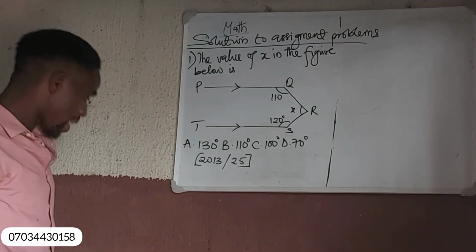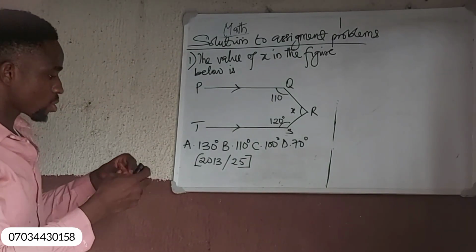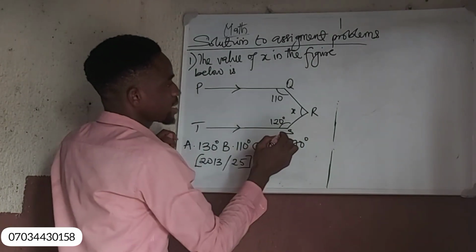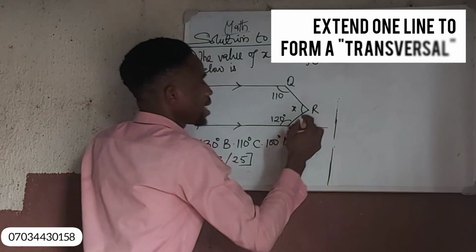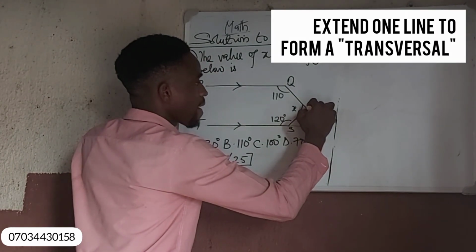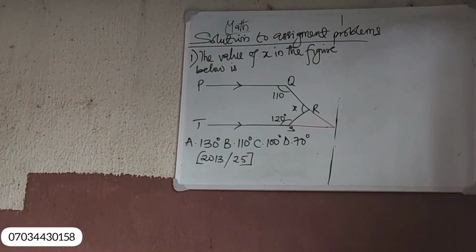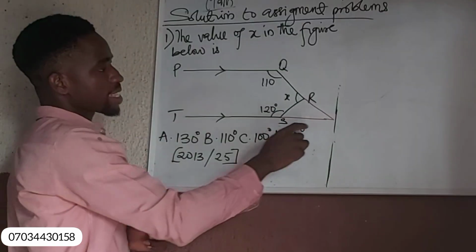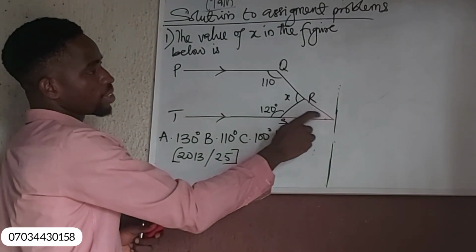So let's go ahead and make our extension. What I will do here is to extend this line, and extend this. Once I have done that, I know that I found an angle here.